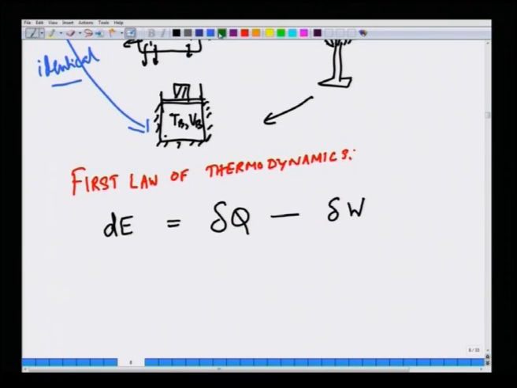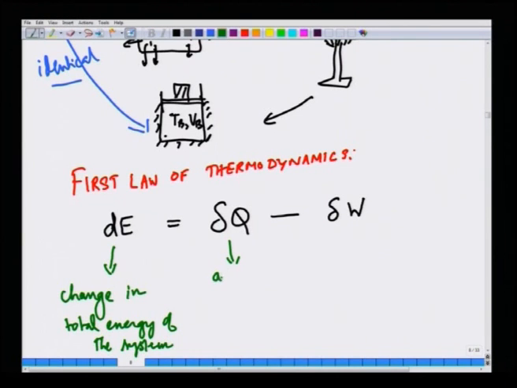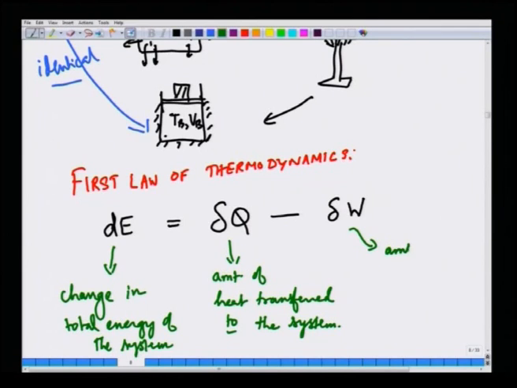So this is the change in total energy of the system is equal to the amount of heat transferred to the system minus the amount of work done by the system on the surroundings.